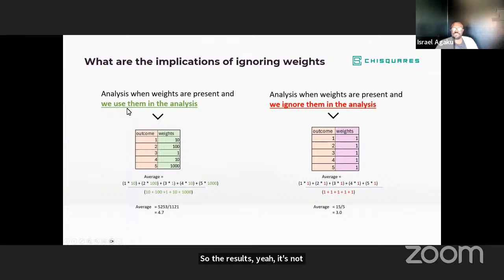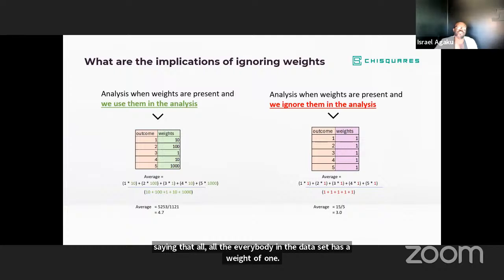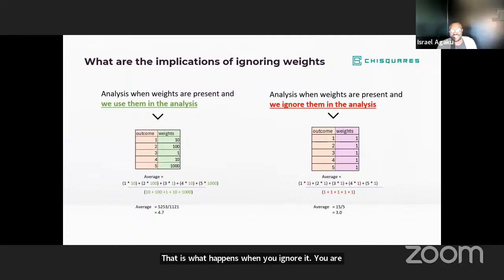Now, what happens when they are weighted and we ignore them? When you ignore weight, you are then saying that everybody in the data set has a weight of 1. That is what happens when you ignore weight. You are automatically, whether you realize it or not, giving everybody a weight of 1.